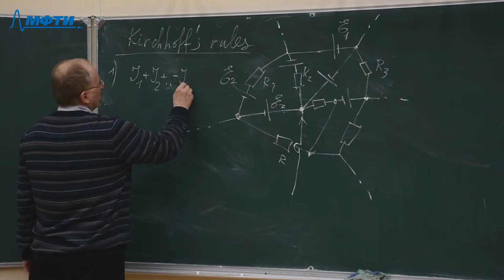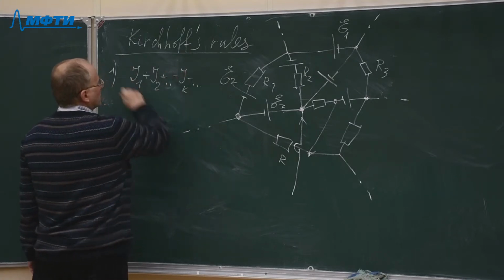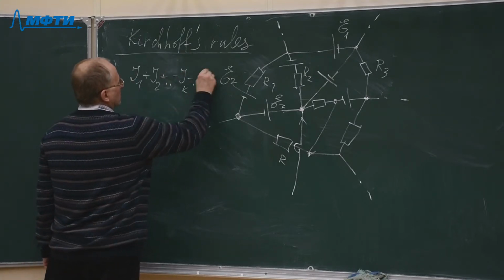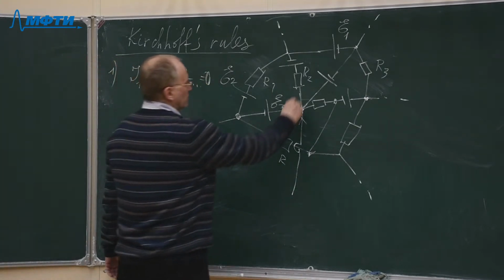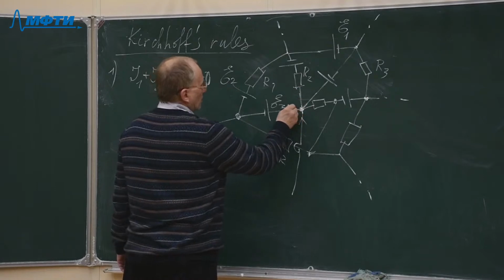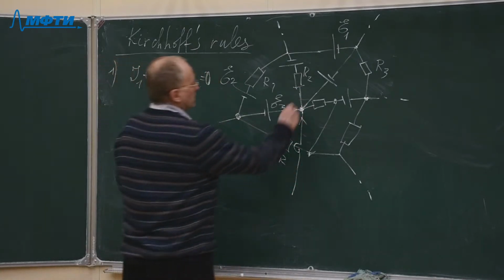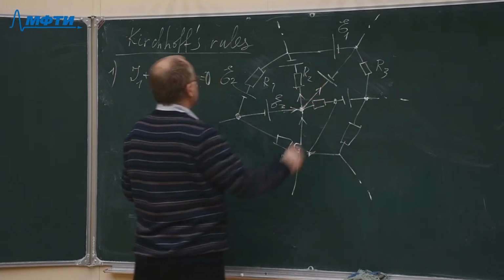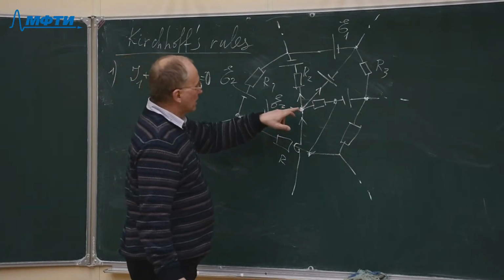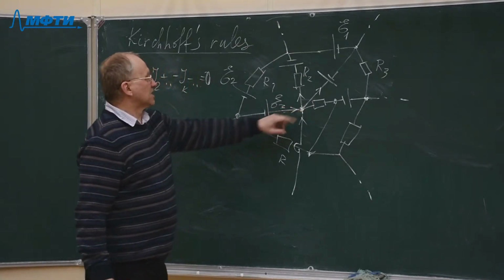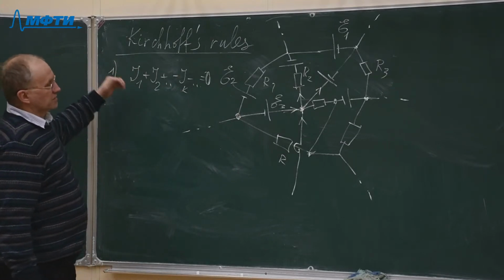The total algebraic sum of all the currents must be 0. If the current flows into the point, it is taken with the plus sign, and if the current goes out of the point, it is taken with the minus sign. The total algebraic sum of all currents going through this junction must be equal to 0. Why? Because the electric charge is conserved.